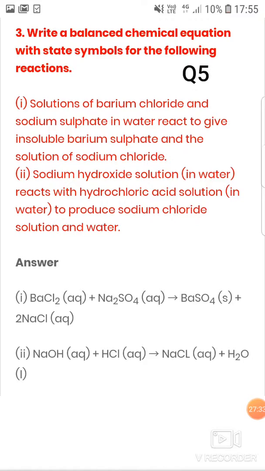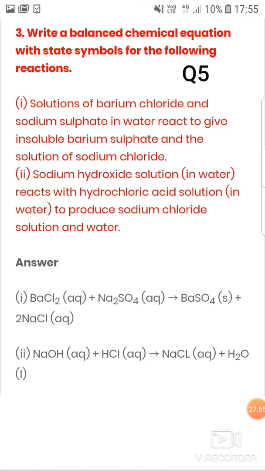Then the second chemical equation: sodium hydroxide solution in water reacts with hydrochloric acid solution in water to produce sodium chloride solution and water.